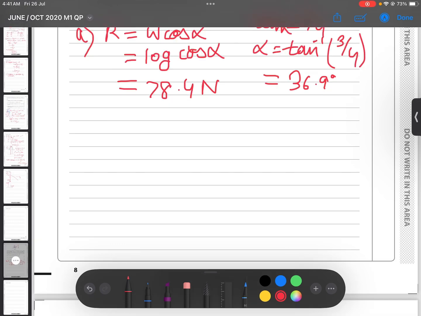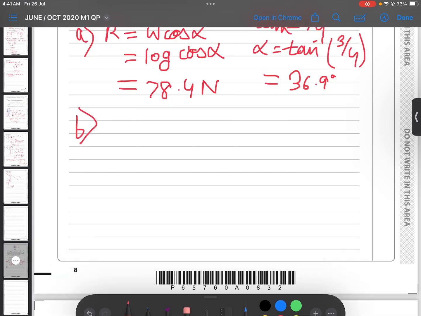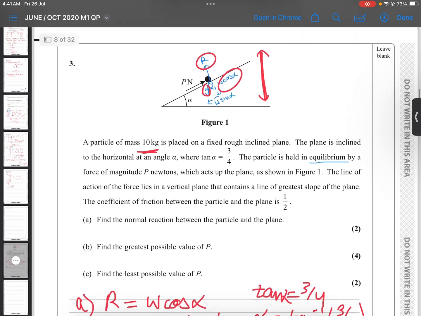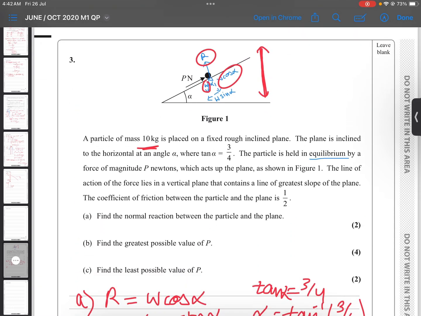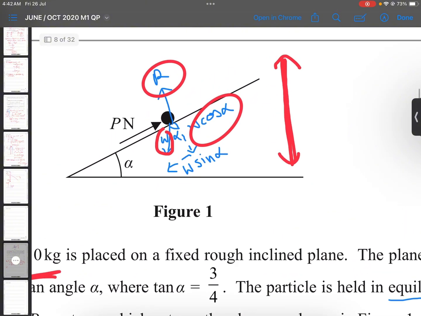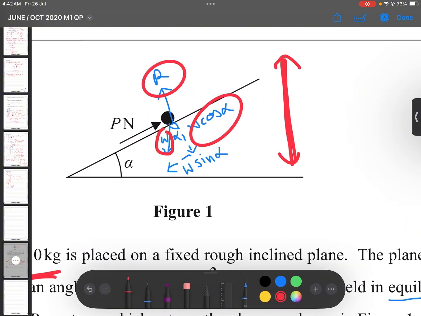So now starting with part B. Part B says find the greatest possible value of P, and part C says find the least possible value of P. Okay. So now let's get back to our diagram. When they say greatest possible value of P, we have to imagine that P is very large, okay? Like imagine P is acting 50 newtons, okay?